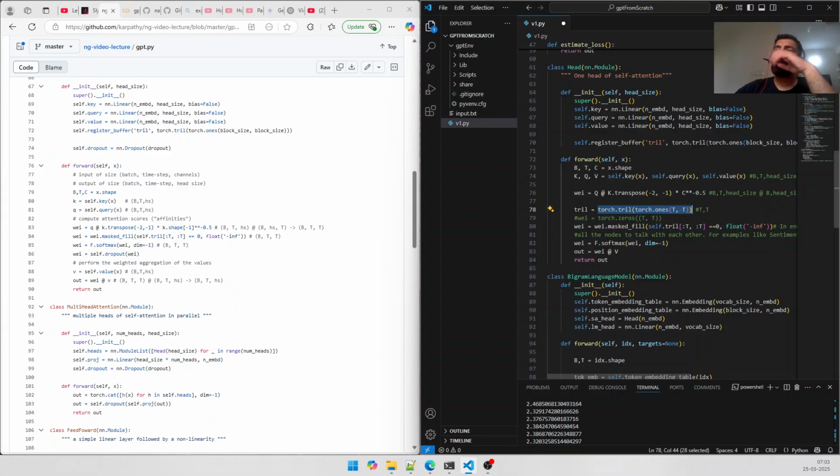Then it does the softmax and everything to calculate the weights. Then with the value, it tries to do a dot product.